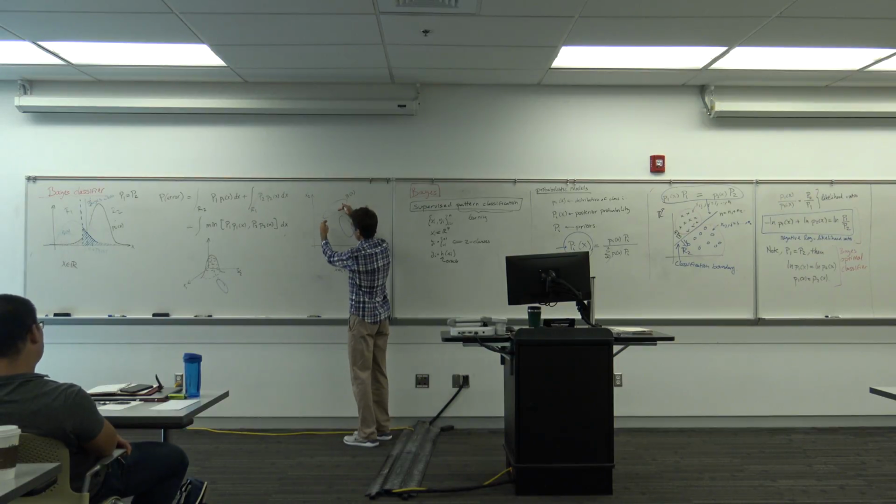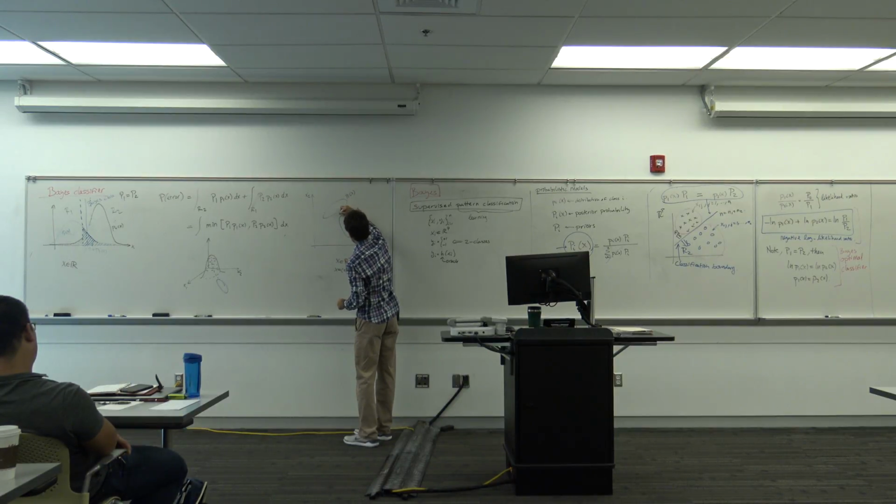As you keep growing this Gaussian along with this one, you're going to get something like this, and something like this. So that's going to be your classification boundary where P1 of x equals P2 of x.